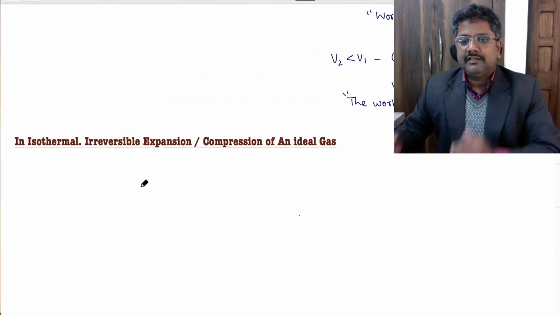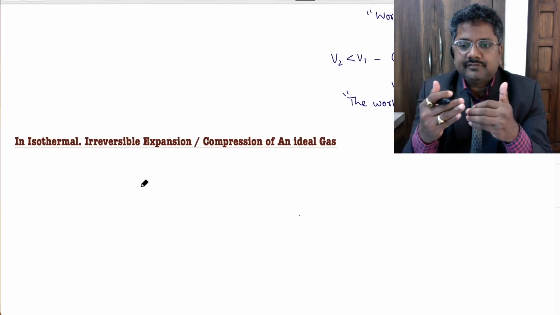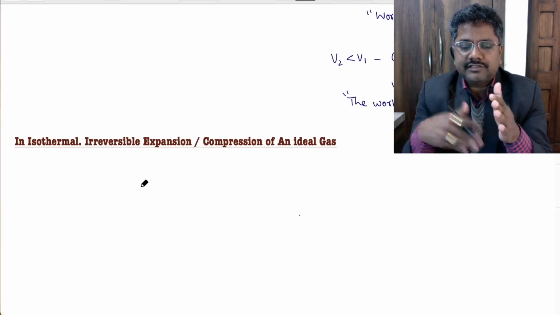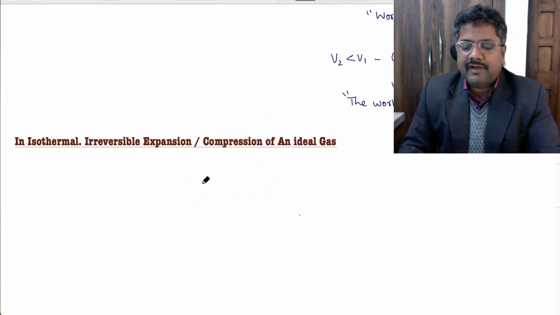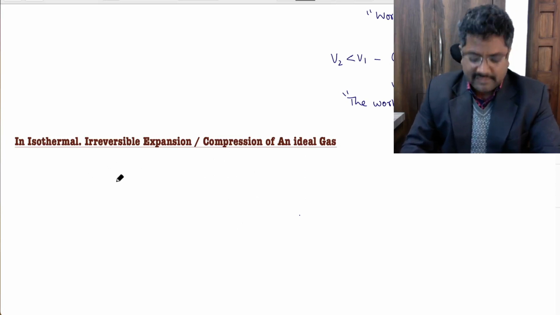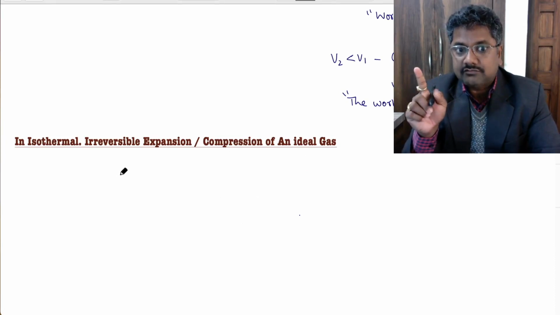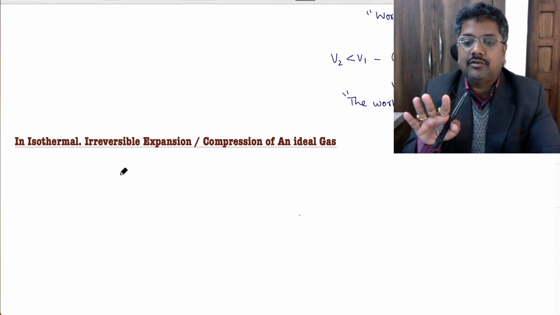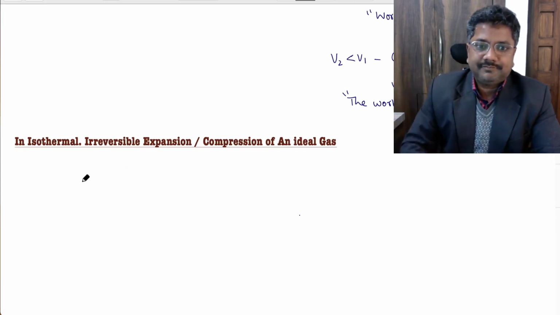Because in the irreversible process, your process is fast, and you just shift the piston, and finally when your system is in equilibrium, your gas pressure is equal to the external pressure. When I talk about the external pressure, it may include atmospheric pressure and some other pressure as well, right?